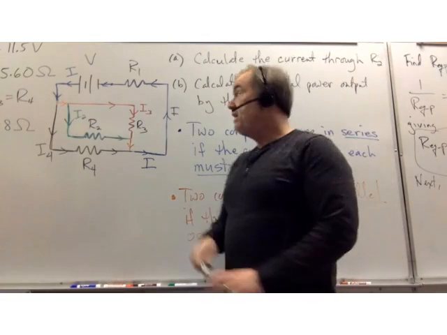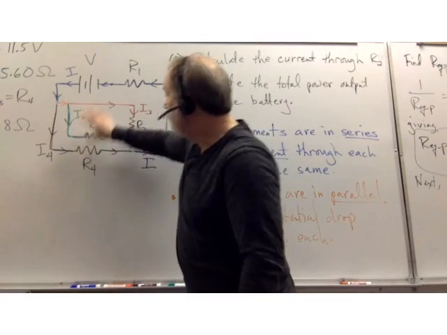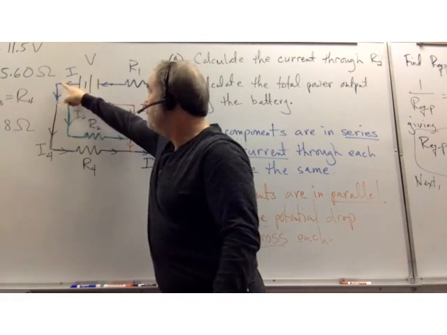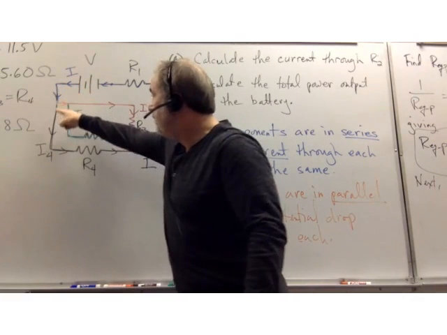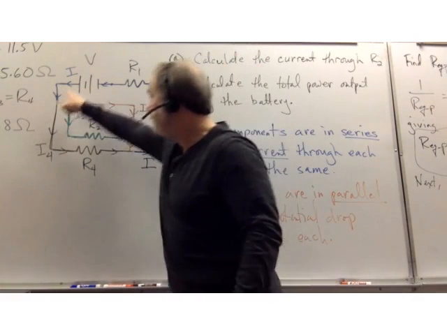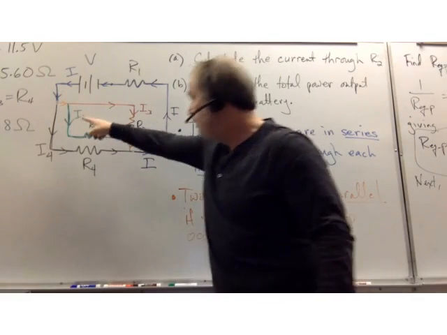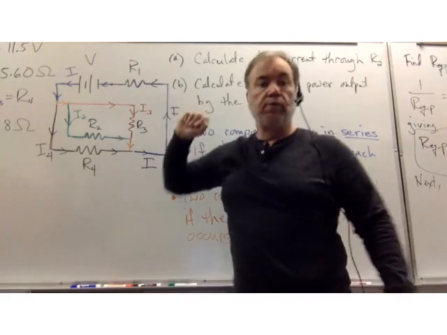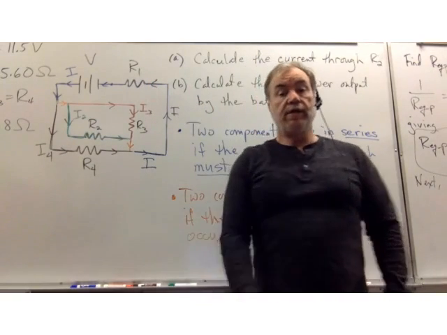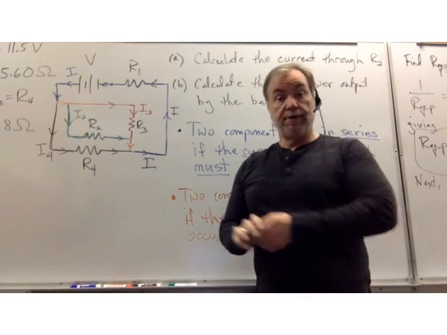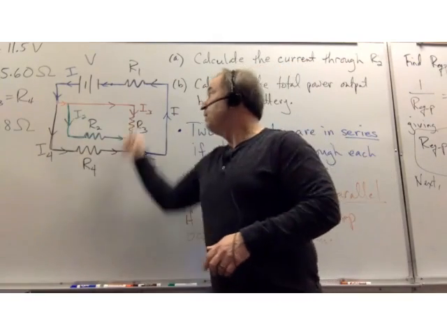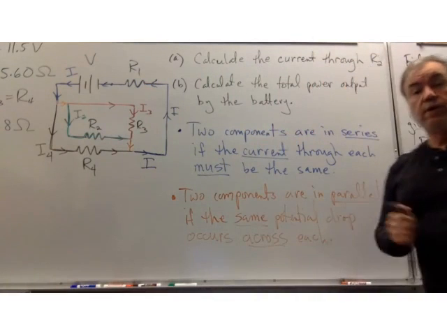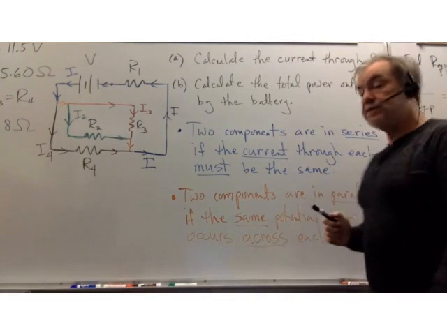If I replaced all of this with one single equivalent resistor, this same total blue current, I, would go through that one equivalent resistor, and through resistor R1. In short, the same current would pass through the equivalent resistor as passes through R1, and thus, by the first rule, those 2 resistors would be in series with each other.